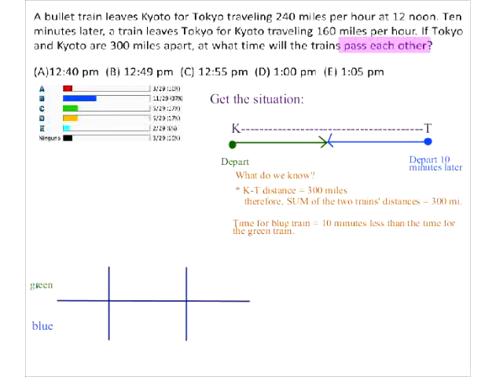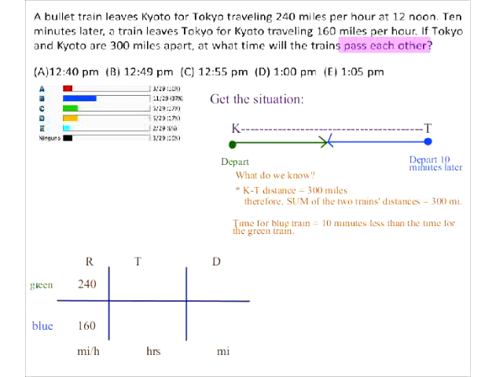So now we have problems. We have a problem here because this is minutes and this is hours. So everything is in hours right now. So let's just do that. But we have to realize we have to convert at the end. So the rate will be miles per hour. The time will be hours, and the distance will be miles. So these rates, the green rate is 240, and the blue rate is 160.